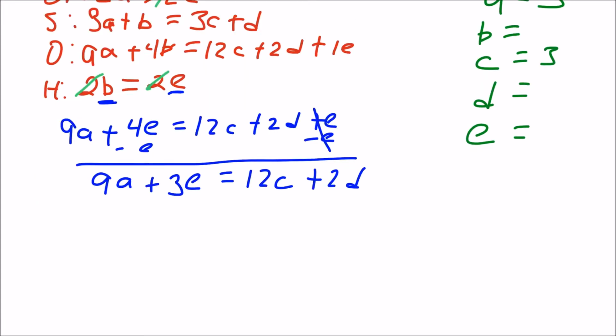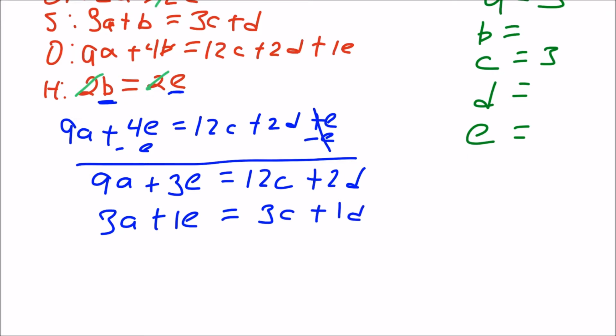I'm going to take sulfur's equation, which we have, let's see here, 3a. And in sulfur's equation, you see there's a b as well, right? It says plus b right here. I'm going to substitute again, and I'm going to change that into an e. So I'm going to say plus e, 1e, equals 3c plus 1d, okay?